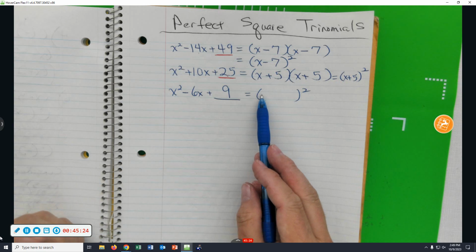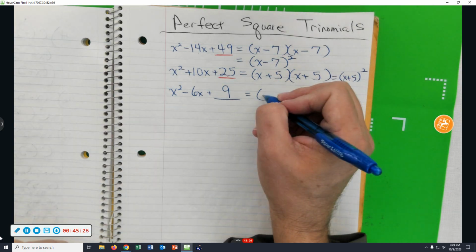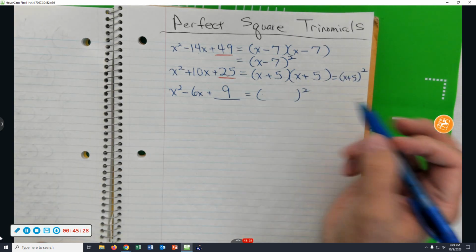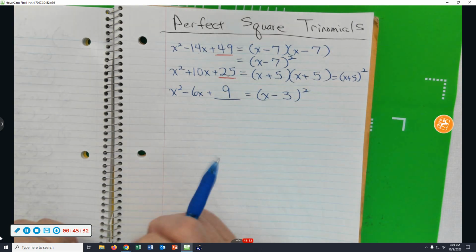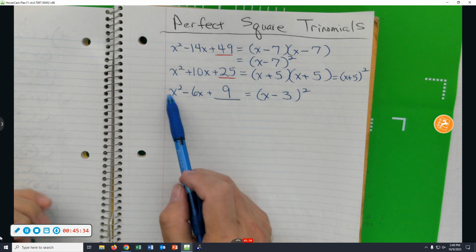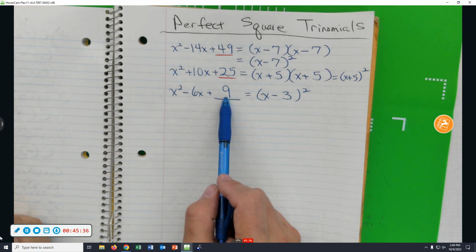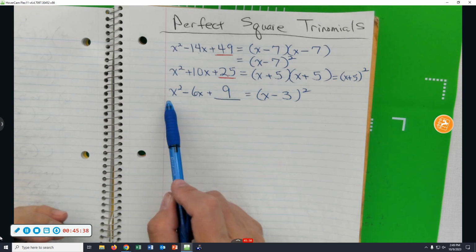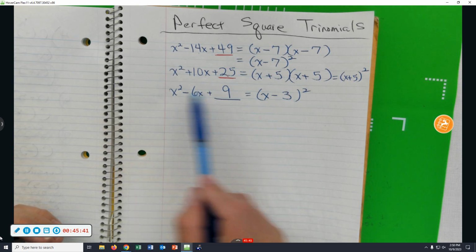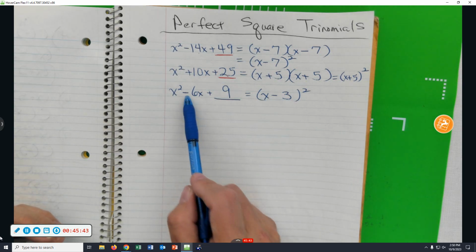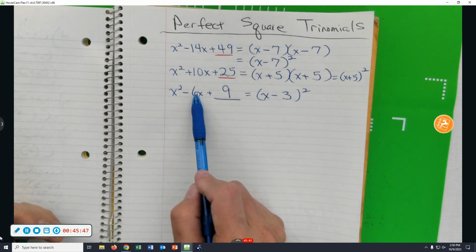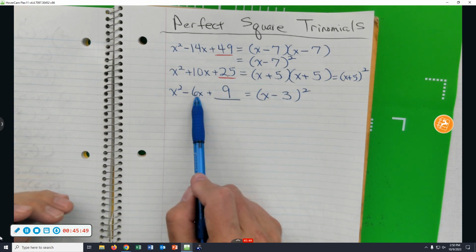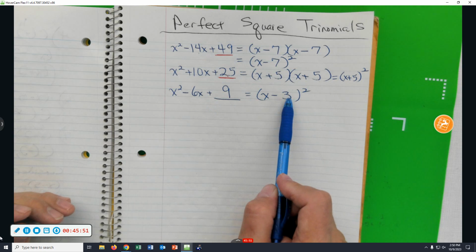And then it's going to factor as what? X minus 3 quantity squared. Once you have the perfect square trinomial, it factors very nicely. It'll factor as variable, sign, that first sign, whatever that is, that'll be a minus, and then half of that number right there. Half of 6 was 3.